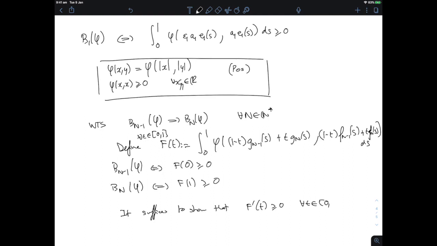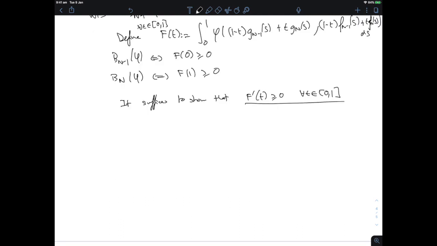All right, because if I can show that, then Bn minus 1 of phi, namely F of 0 being greater than 0, implies that F of 1 is greater or equal to 0, because F of t will be non-decreasing. So we want to prove this condition on the derivative of F. Okay, let's compute F prime of t.